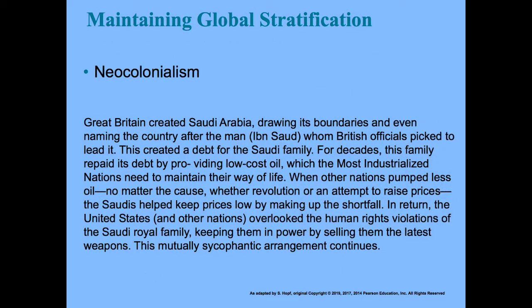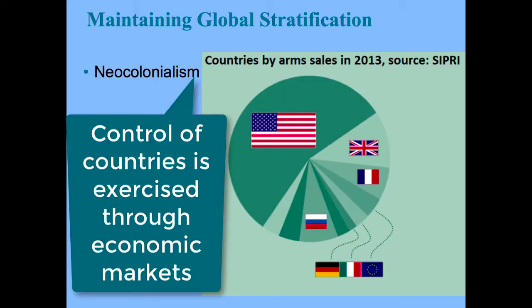Colonialism is no longer a model of development, but it's been replaced with what Michael Harrington labeled as neocolonialism. Since World War II, the idea of conquering other nations has changed, and it's no longer something most governments engage in. However, instead, control is exercised through economic markets.